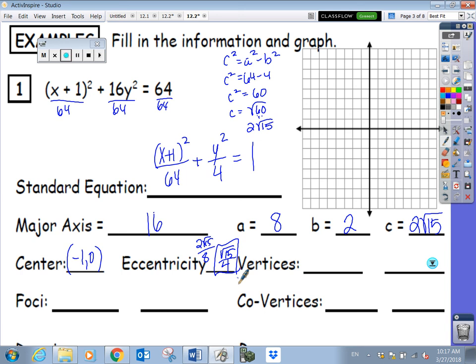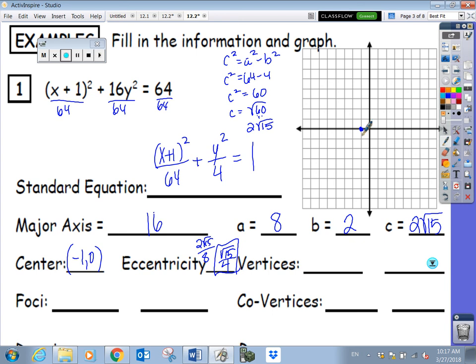So at this point what I do is I like getting the vertices from the graph. So I'm going to go to the graph and plot the center. So we have negative 1, 0. And then I'm going to plot my vertices and covertices and then write them down. So since A is my distance from the center to the vertex and it is under the x in my standard form, that means I'm going to move left and right.